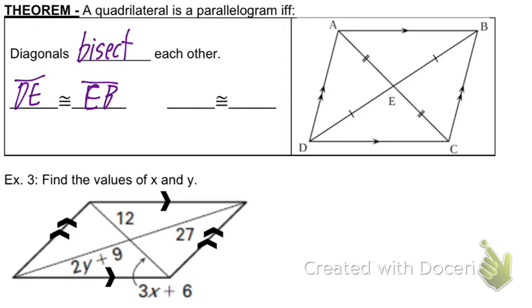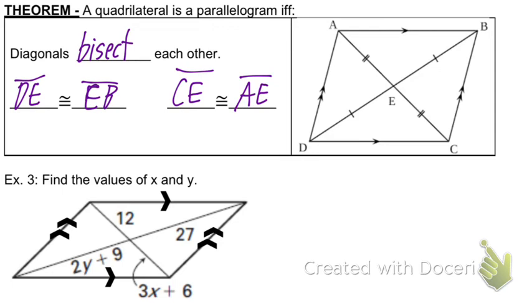Now it says both diagonals bisect each other, right? Yeah. So that also means that the diagonal D to B bisects the diagonal A to C. So what two segments would then be congruent if that diagonal is bisected? E to C and EA. Yeah, or AE, either way. That diagonal is also cut in half.